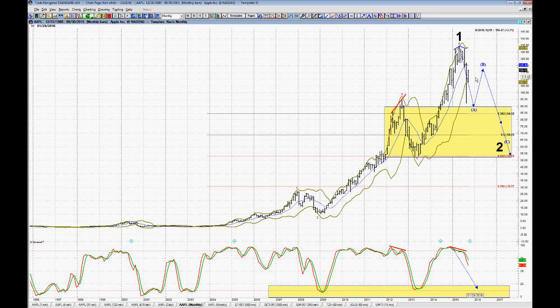The next most common after equality and 1.62 is for C to only be 0.62 times A, which means that wave C would only be about 24, 25 points from wherever this B wave ended. 25 points from, let's say here, would take it to 90.